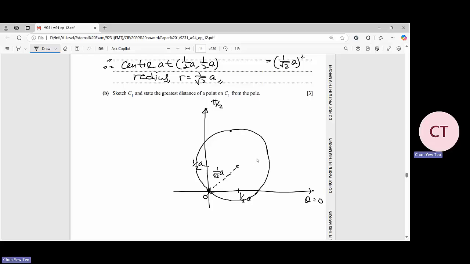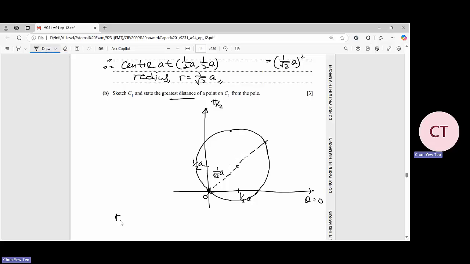Okay, so this will be the circle. I have to remind you again, I draw using freehand, so I didn't draw the circle nicely. In the exam, you should draw it with proper scale and proper tools, and use a protractor. So over here, how to find the greatest distance? The greatest distance is over here. You can see that the greatest distance is actually the diameter of the circle.